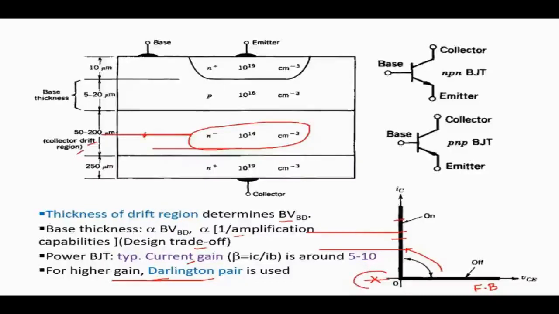BJT cannot block reverse voltage. It can block reverse voltage for a very small amount, which is negligible. So it's safe to assume that they cannot block reverse voltage. So if in any circuit you need a switch which requires reverse voltage blocking also, when the device is not conducting, it is supposed to block reverse voltage, then BJT is not a choice.